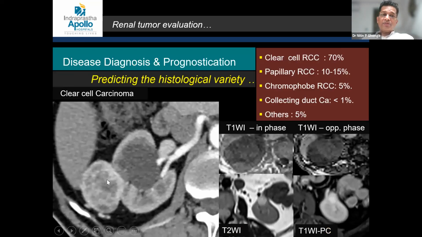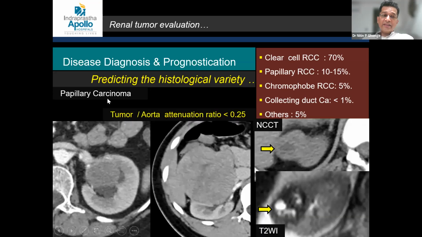CT is also useful in predicting the histological variety of the tumor. We can see the clear cell carcinoma shows significant enhancement as compared to the aorta. So if it is beyond a particular ratio as compared to the aorta, it can help in diagnosing clear cell carcinoma.